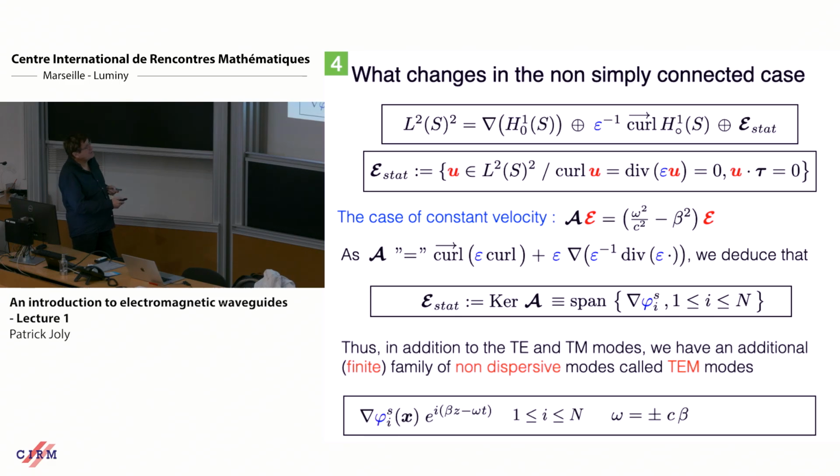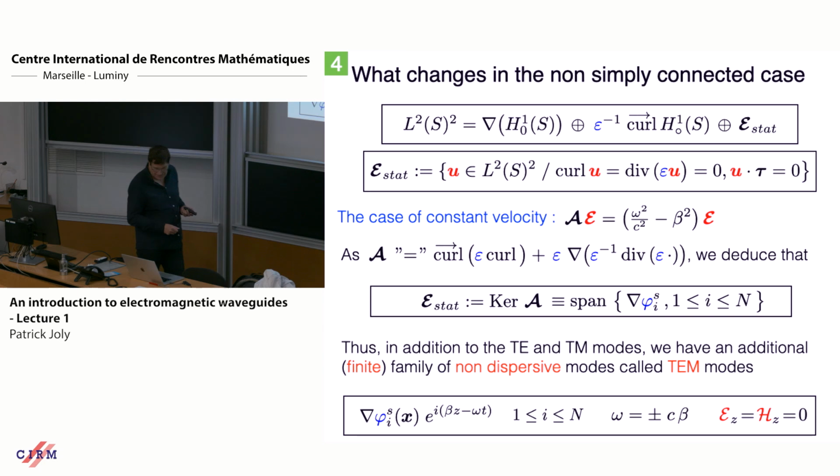And so in addition to the TM modes I have presented before, which are still there, there is an additional family of transverse electric and magnetic modes, because both the electric and magnetic transverse fields are 0, which are given by the gradients of these additional fields. And because they correspond to the eigenvalue 0, they correspond to what I call a non-dispersive dispersion relation. These are the TEM modes, with both EZ and HZ equal to 0.